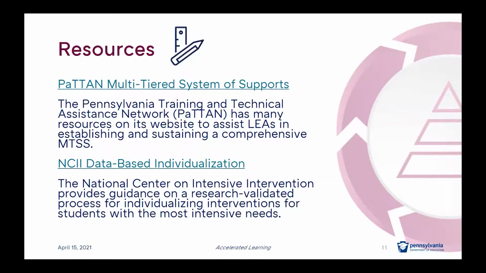The National Center on Intensive Intervention provides guidance on a research validated process for individualizing academic and behavioral interventions for students with the most intensive needs.